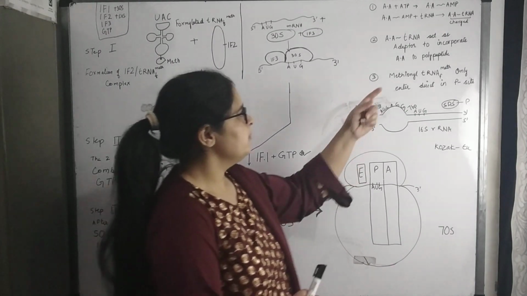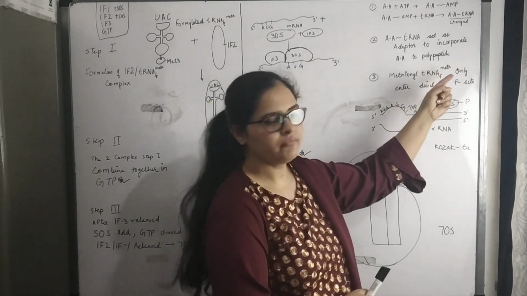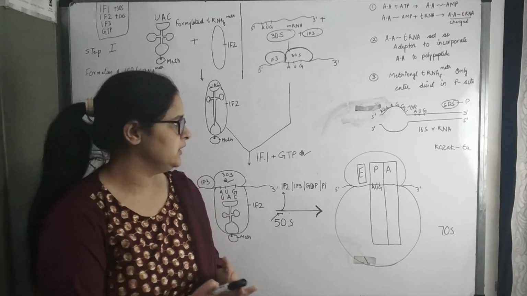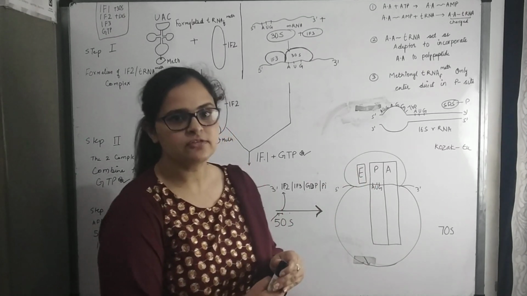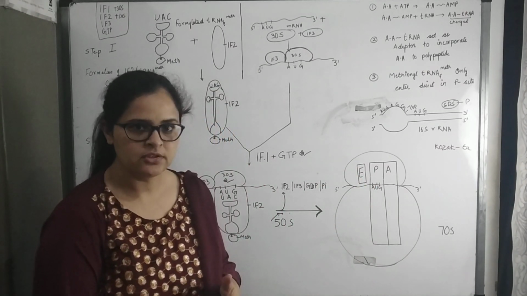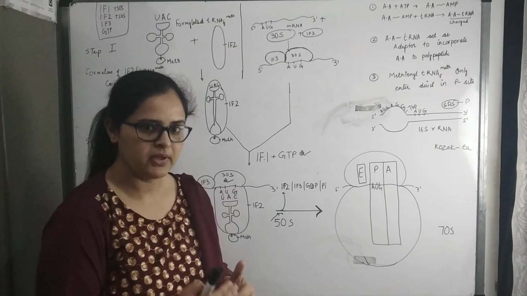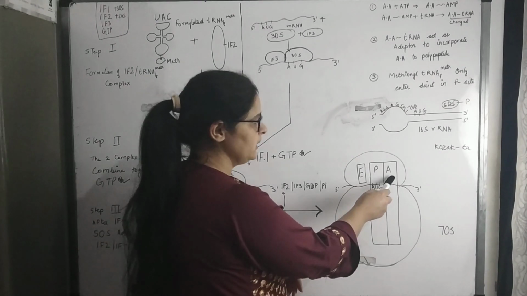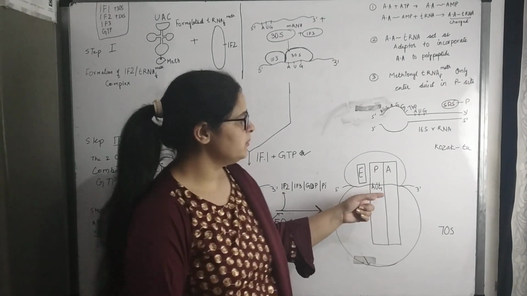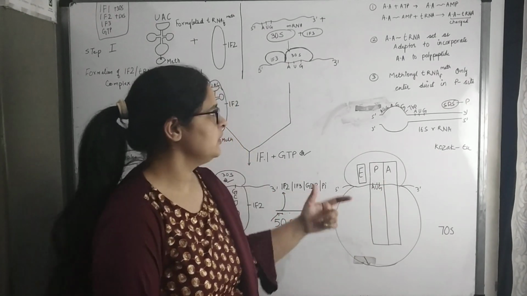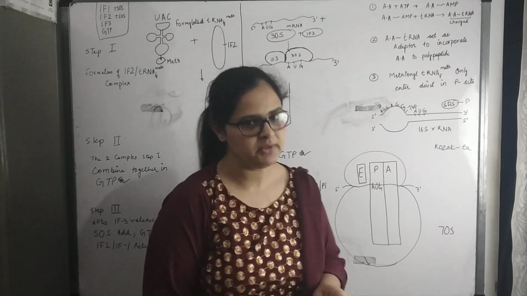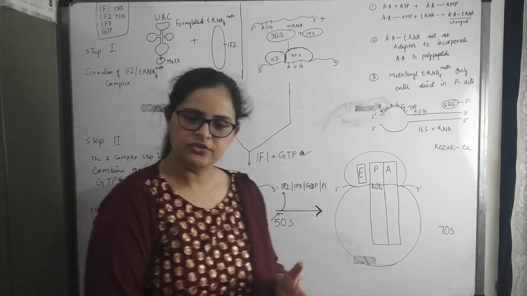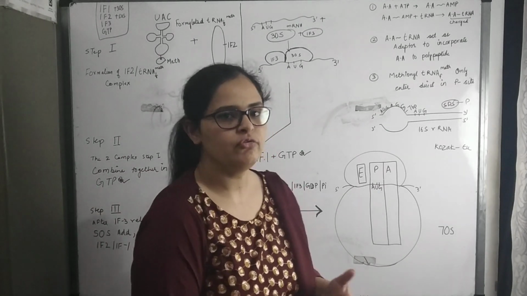Only the formylated methionine tRNA can enter the P site. Otherwise, all the amino acids which come one by one to form the polypeptide chain will come from the A site. But only the methionine which is formylated in nature will come directly into the P site. Clear? So this is how initiation occurs in the case of prokaryotes.